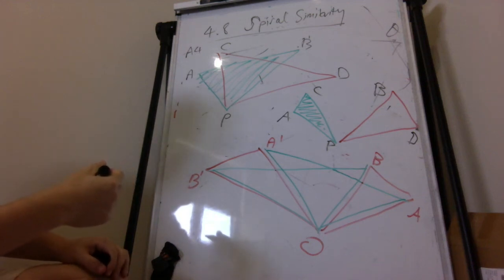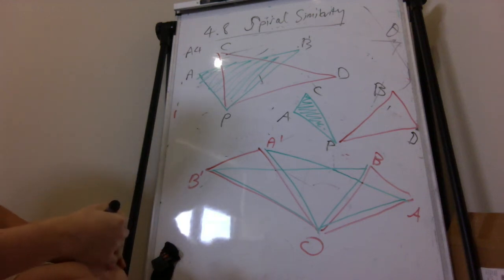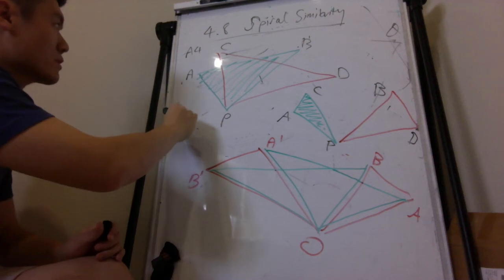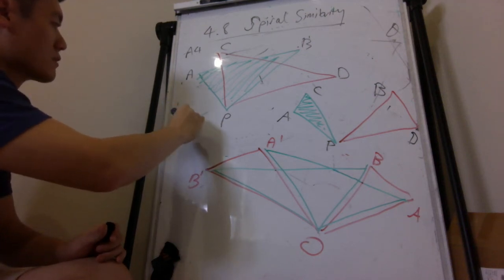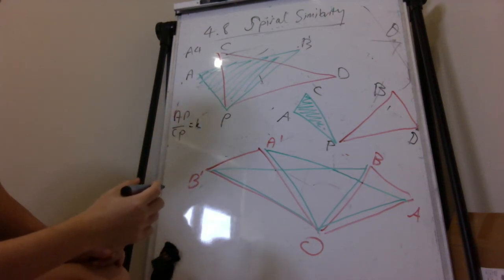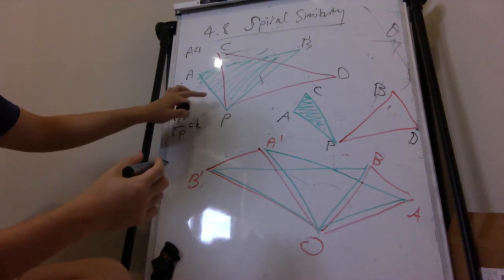So you're saying AP on BP on CP is K, right? Oh, I'm doing this diagram. Okay, you're doing that diagram.